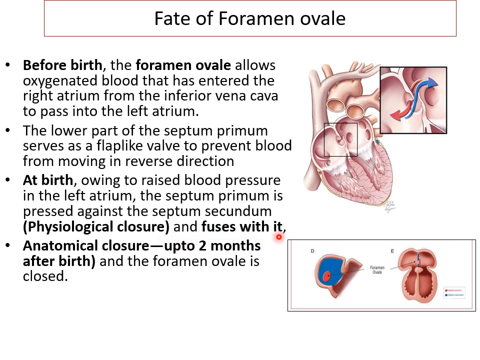This is like functional fusion, right? They just appose together or stick together, but actual fusion is not there. The anatomical fusion or closure actually takes place gradually up to 2 months after birth, and the foramen ovale is actually closed, right? Now if it doesn't close, what will happen?